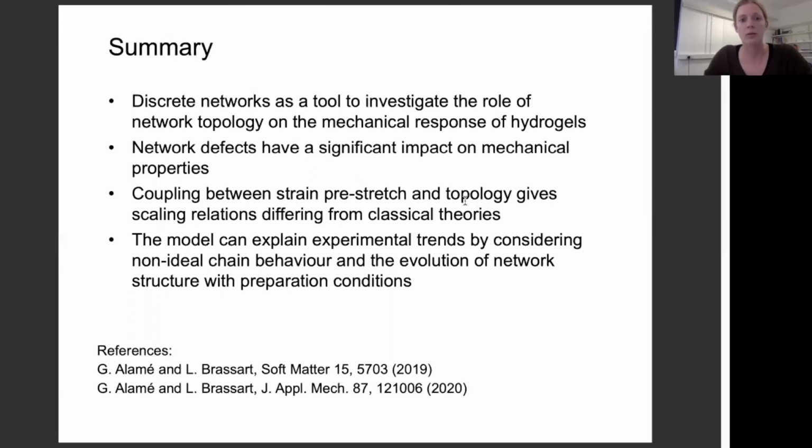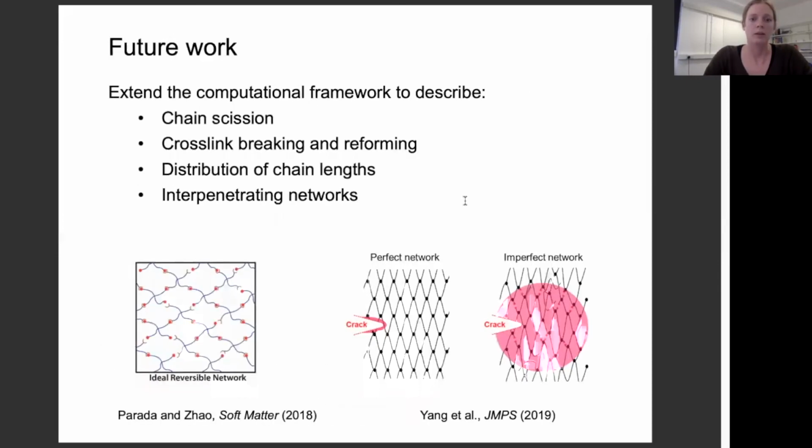to take into account, possibly also in continuum models. And there was also the non-ideality of the chain that is likely to be important in the case of these tetra-PEG hydrogels. Now, of course, this sort of computational tool could be extended to include other effects that we haven't implemented yet, but we can easily extend it to account for chain scission by incorporating a failure criterion or energy criterion in the force-extension relationship to account for chain breaking.